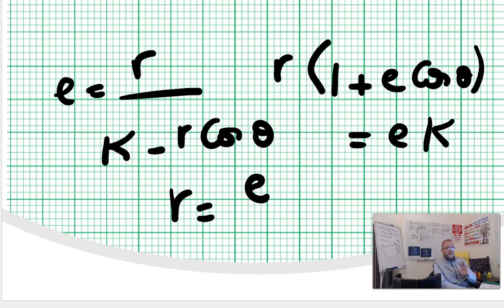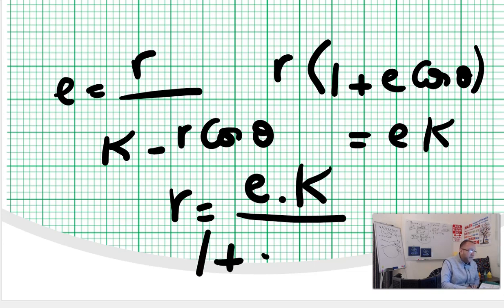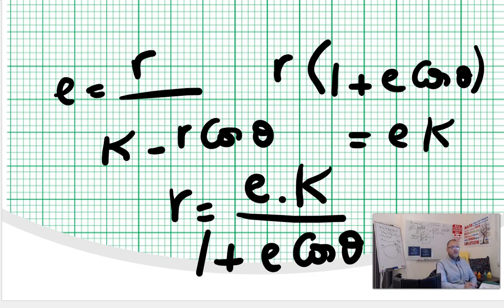It's not like the case in the parabola. It's not equal to 1. R equals E, the eccentricity, times this K divided by 1 plus E cosine theta.